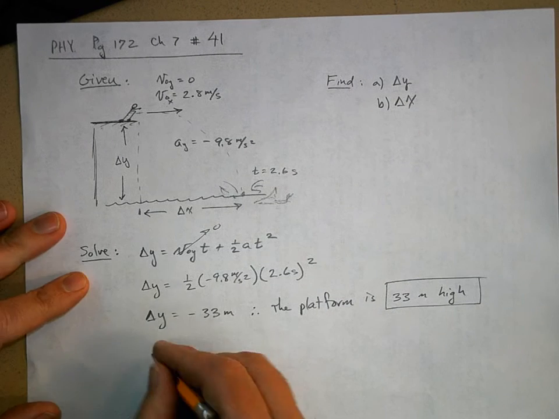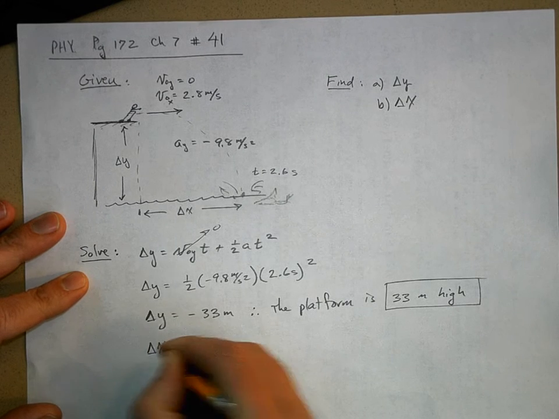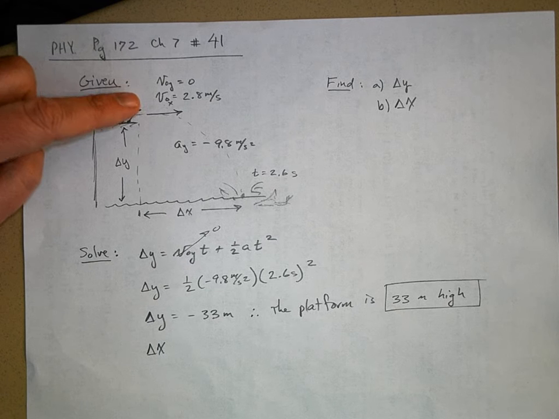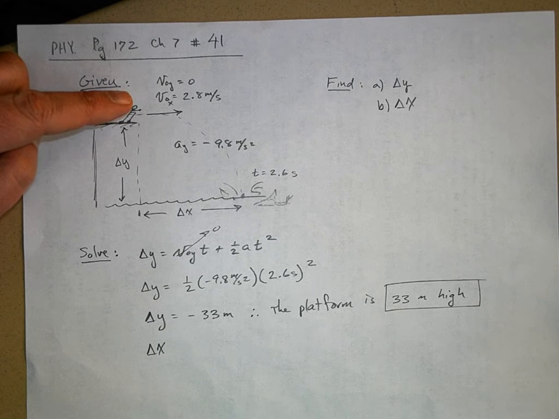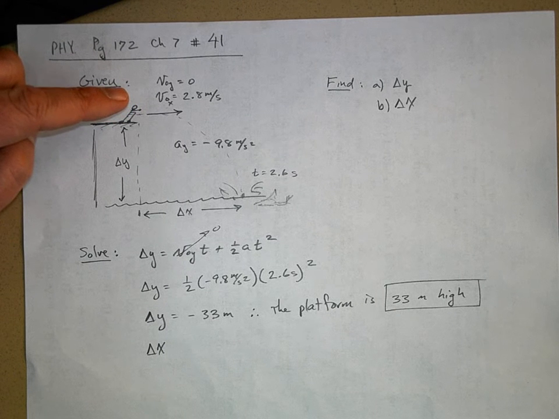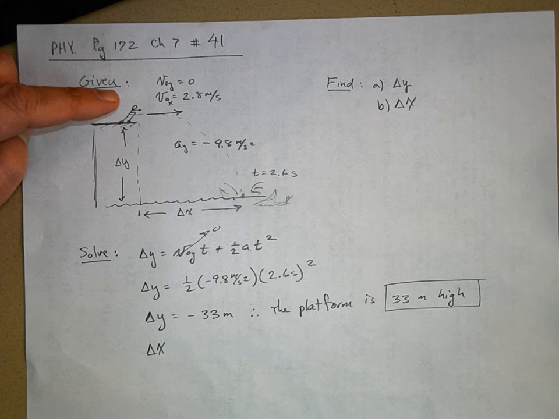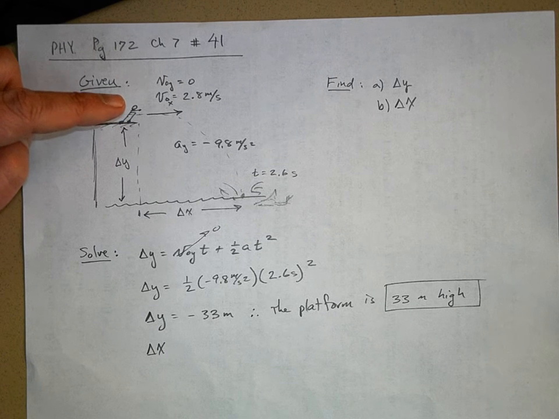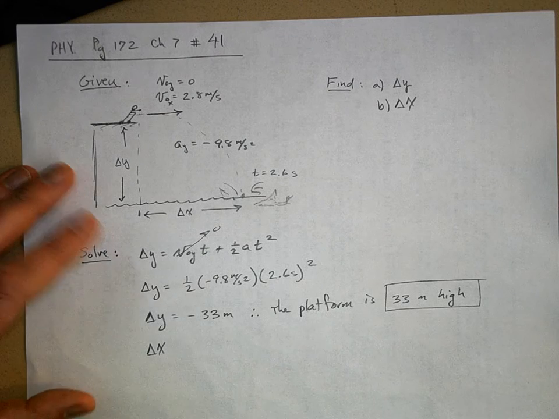Okay, let's do delta x. Now, what do I know? I know the initial velocity in the x direction, and what is true about the velocity in the x direction in projectile motion? Is there any acceleration in the x direction? No. So, therefore, the acceleration is 0. So the velocity is constant. And there's only one equation in projectile motion.